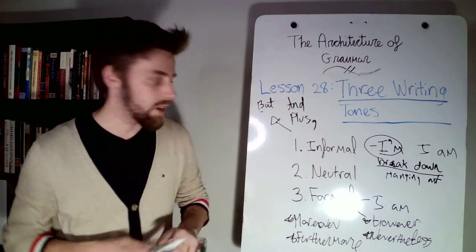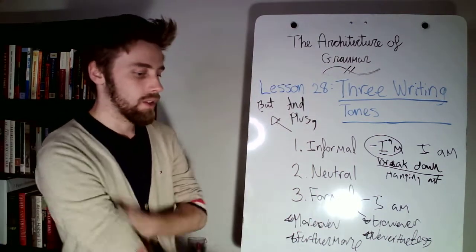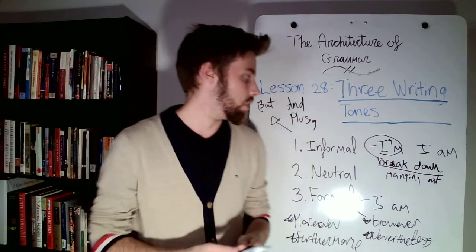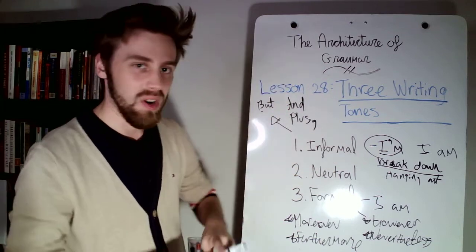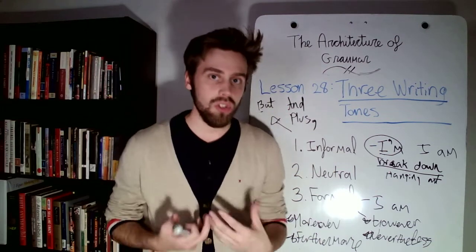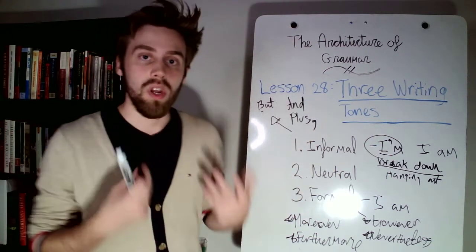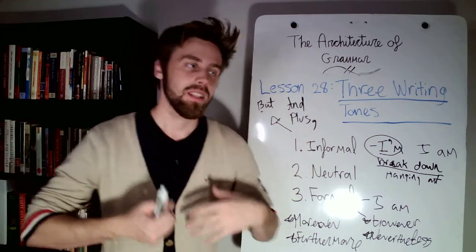When it comes to neutral, it's a mix, and you want to make sure that you write the way that your audience wants you to. So this one is not as rigid, but informal is very casual, it's very loose, and formal is very rigid. It's really writing.